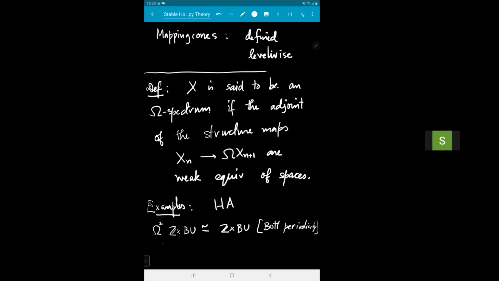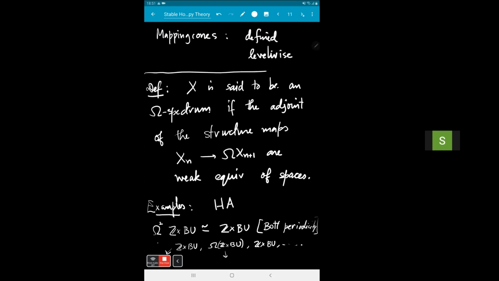Okay, and then you can define a spectrum which starts from Z × BU, and then you have loops of Z × BU, and then again Z × BU like this. This defines a spectrum because the 2nth space is the loops on the (2n+1)th space, and the (2n+1)th space is the loops on the (2n+2)th space, and so on.